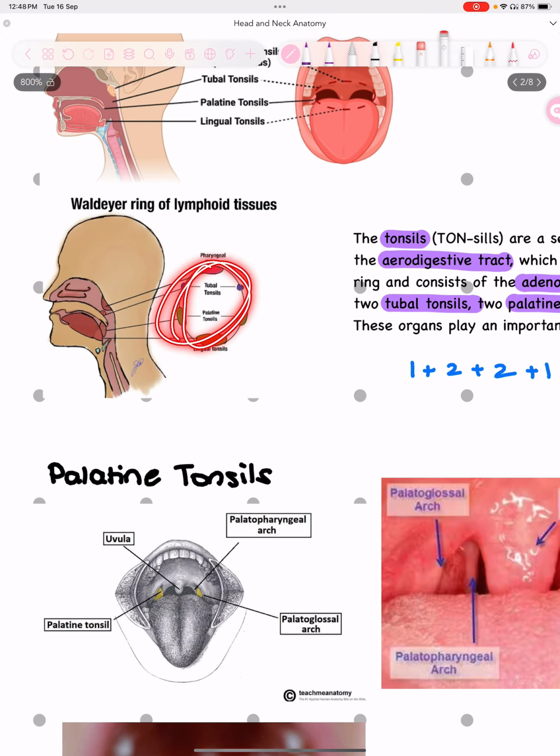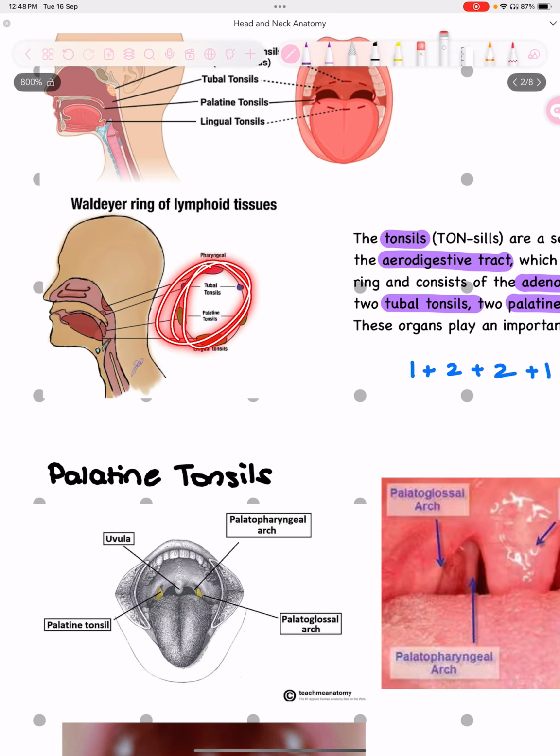It's covered by stratified squamous epithelium, and then it has 12 to 15 crypts. The largest, the deepest one, is known as the intratonsillar cleft, and laterally it has a hemicapsule. That hemicapsule is derived from the pharyngobasilar fascia.